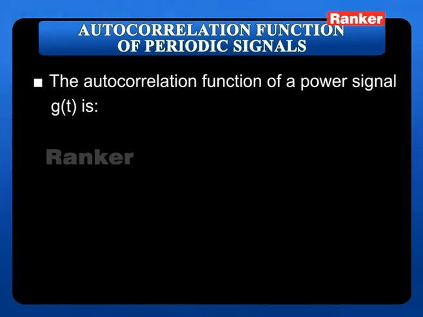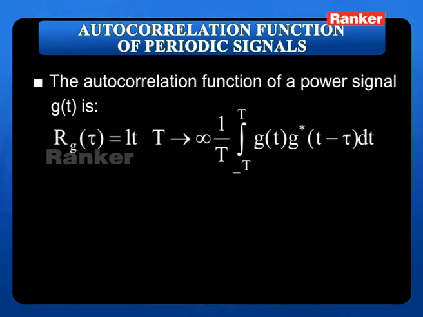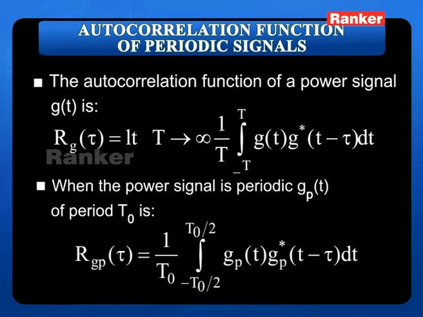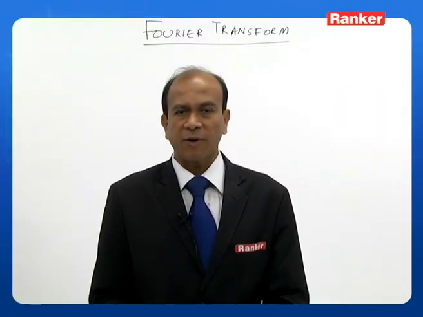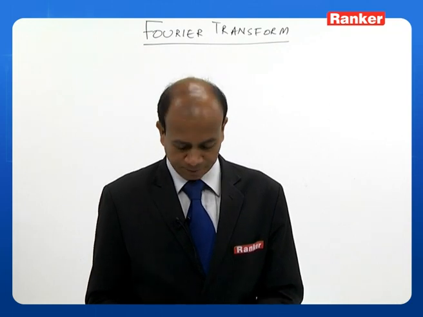Rg of tau is the limit as T tends to infinity of 1 by T times the integral from minus T to plus T of g of t g star of t minus tau d tau. Here Gp indicates that this is a periodic signal, so Rgp of tau will be equal to 1 by T0 times the integral from minus T0 by 2 to plus T0 by 2 of Gp of t Gp star of t minus tau d tau. Now, this is the autocorrelation function of a periodic signal.